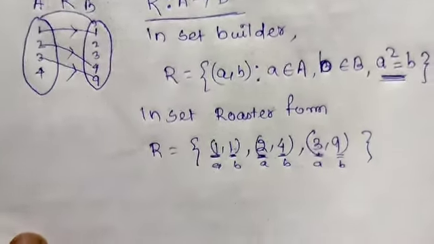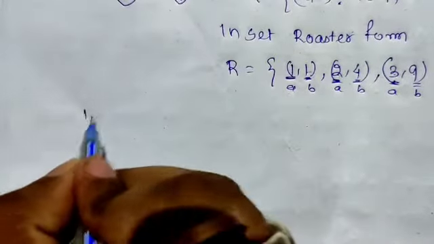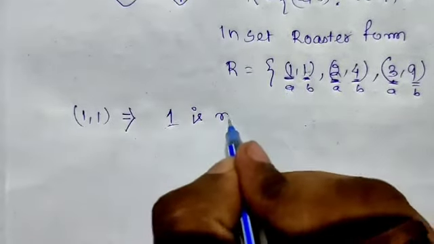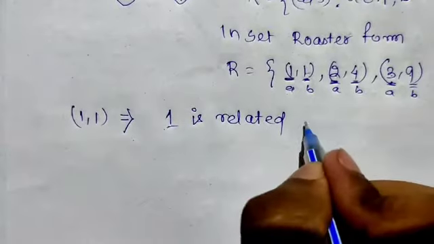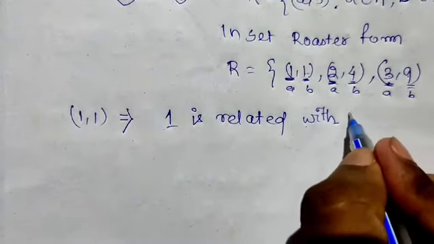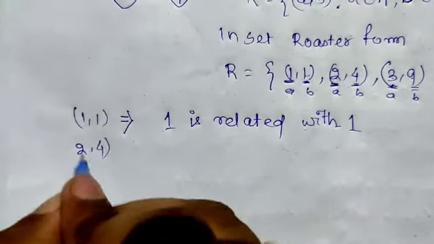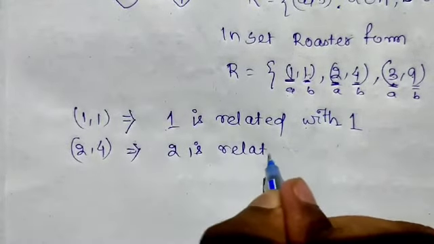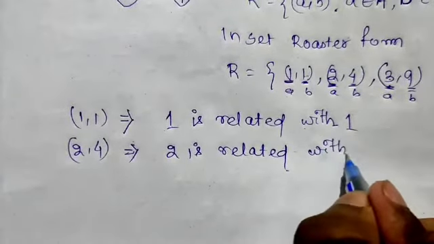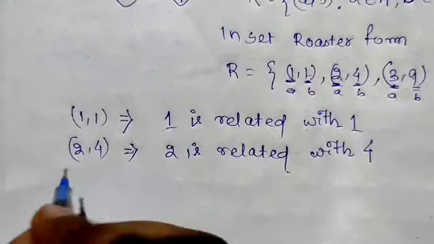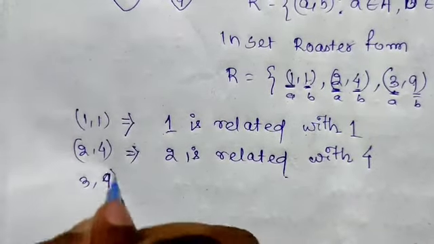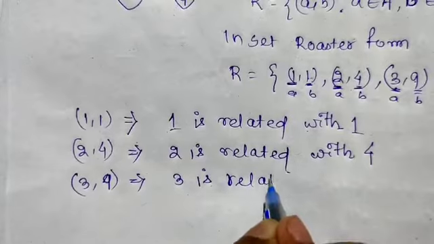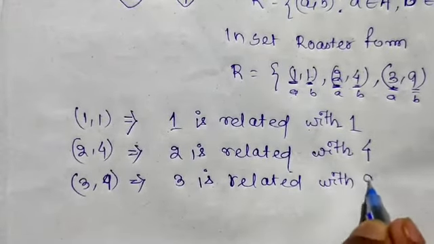Okay, here we may write the ordered pair (1,1) like that, that is 1 is related with 1, (2,4), 2 is related with 4, (3,9), 3 is related with 9.